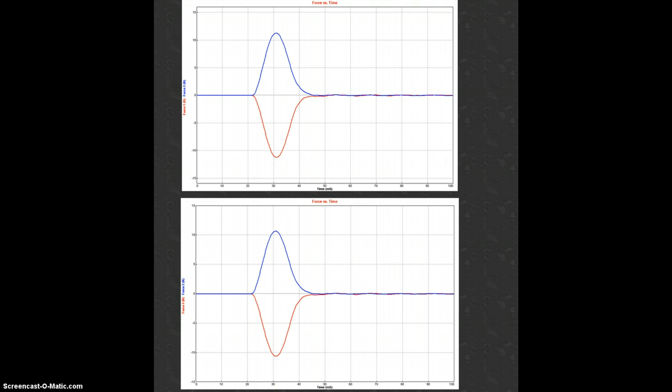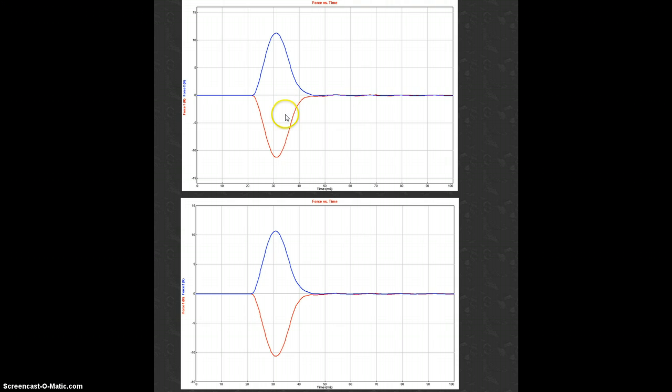This was put on Logger Pro. This is a force plate. The red is force 1 in newtons. I'll explain what a newton is right after this. And the blue line is force 2.